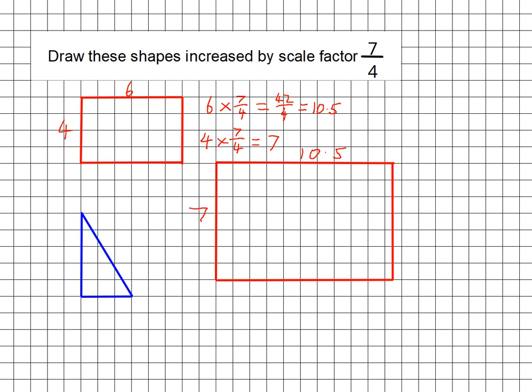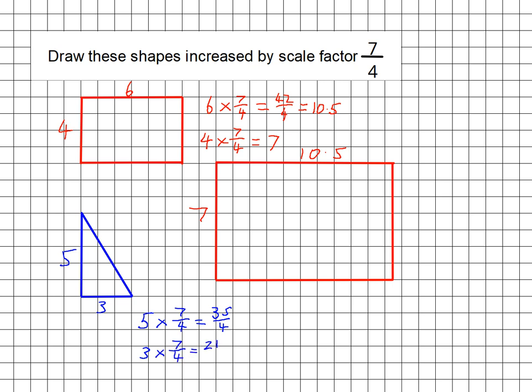Okay, if we do the same with our blue triangle, we have 5 and 3, the same as before. 5 times 7 over 4. So 5 times 7 is 35 over 4, so that's not going to simplify down for us very well. And then we have 3 times 7 over 4 for the other length.